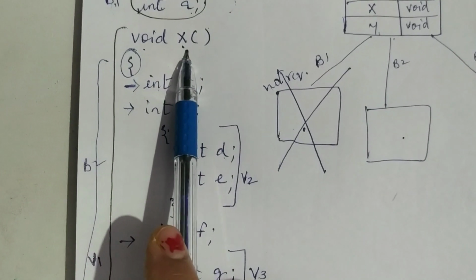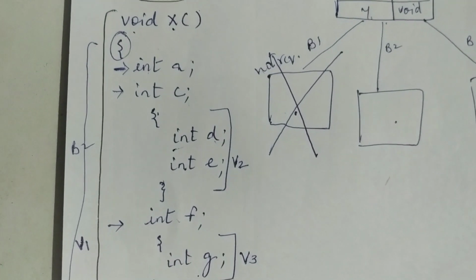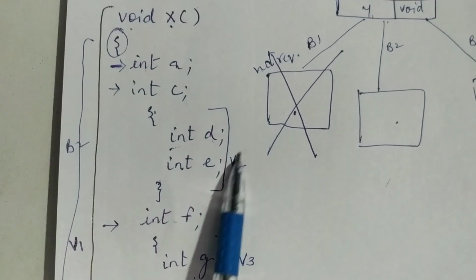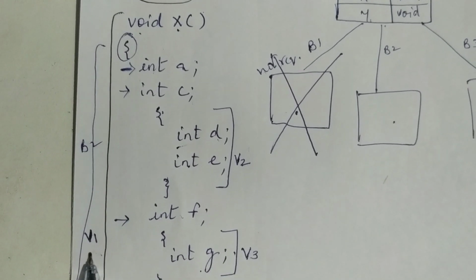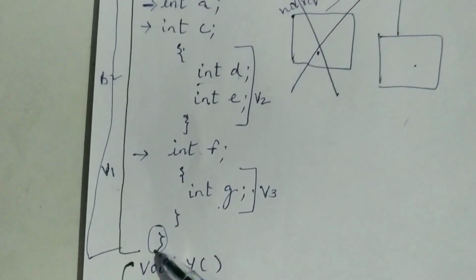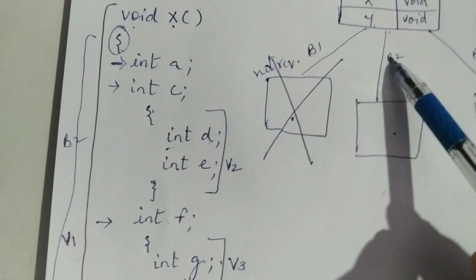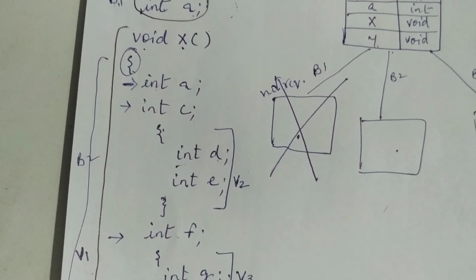Means the X function is divided into 3 visibility areas, V1, V2 and V3. So major part is V1, because V1 से आपका start हो रहा है from here to and ending है here. So block B2 will be divided into 3 parts, V1, V2 and V3.